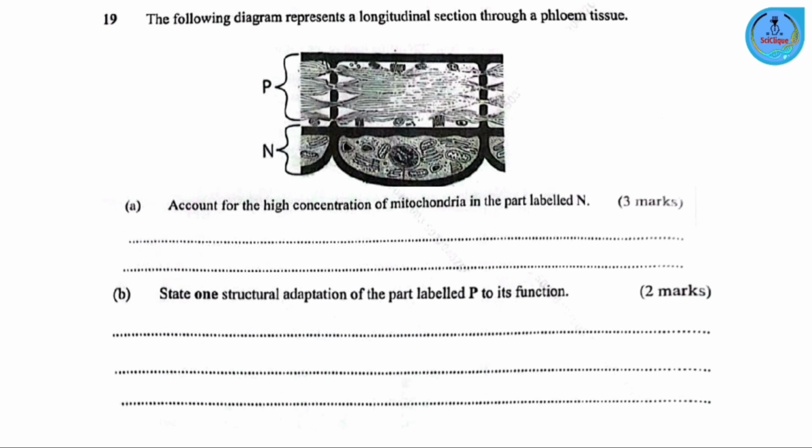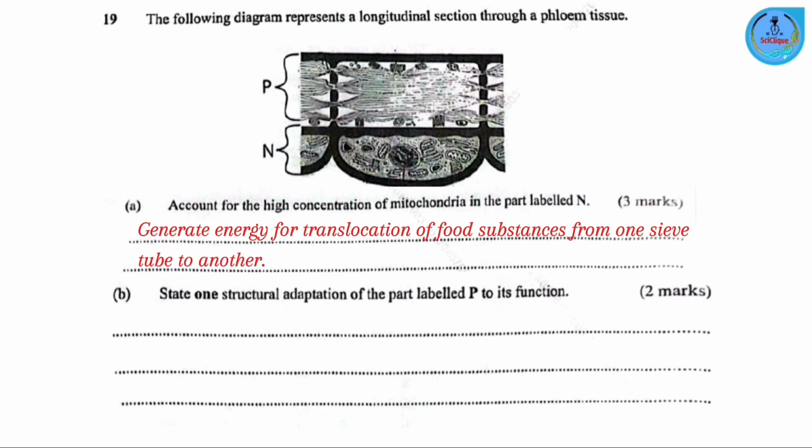Now, the reason why you have a high number of mitochondria in the part labeled N, this is the companion cell, is so as to generate enough energy that is needed for the translocation of food substances from one sieve tube to another. So when you talk about translocation, this is simply the movement of food substances from one part of the plant to another. This, of course, happens in solution form.